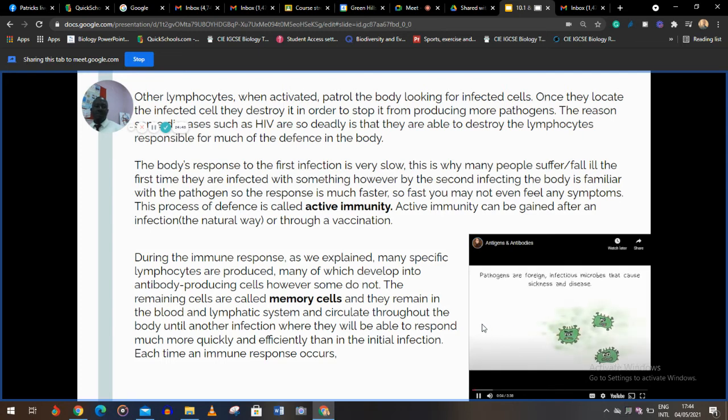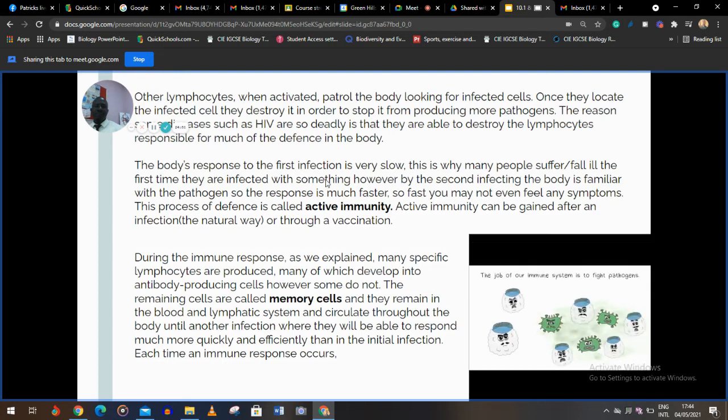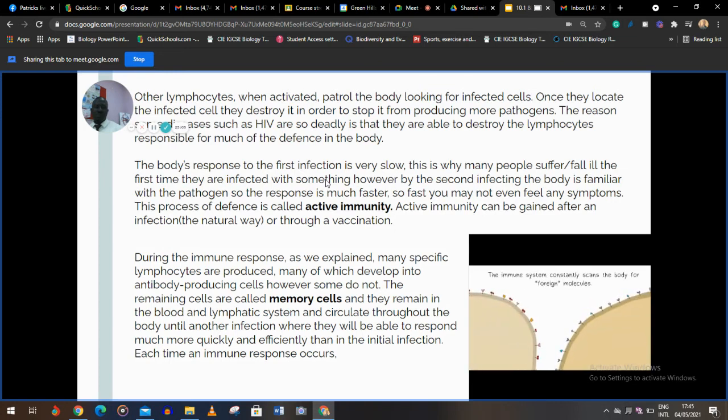Pathogens are foreign infectious microbes that cause sickness and diseases. The job of our immune system is to fight pathogens. Cells are able to recognize foreign pathogens by their surface molecules. The immune system constantly scans the body for foreign molecules.